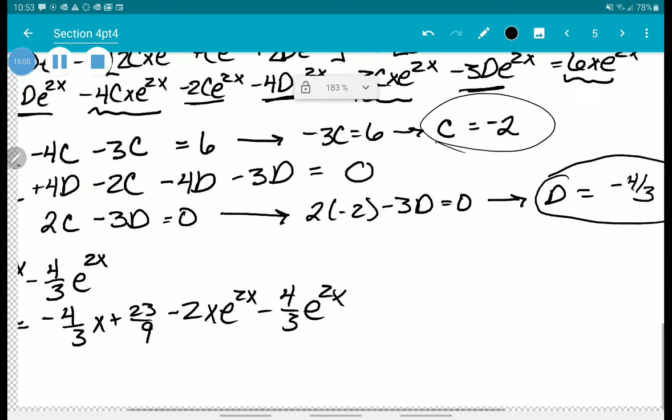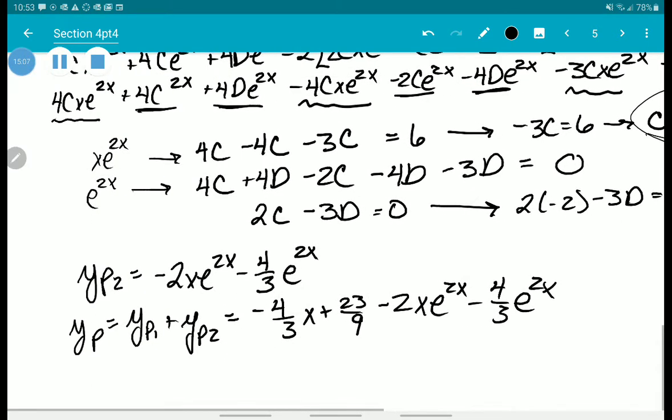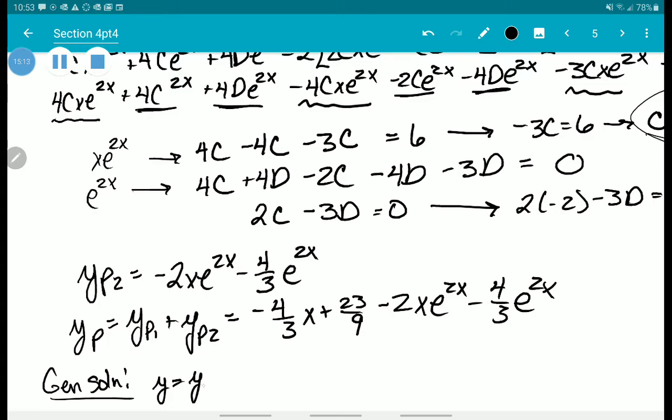So what if we want that general solution? Well, the general solution is the complementary plus the particular solution. So we use that superposition principle here where we found yp1 and yp2 and we added them together. We're using it again here when we found that general solution by adding the complementary and the particular solutions together.